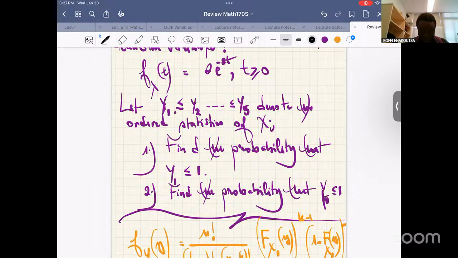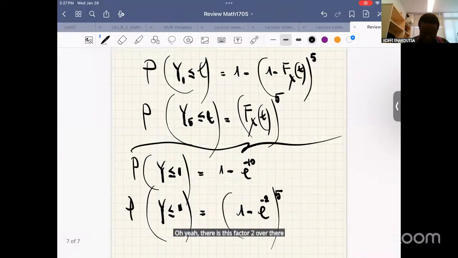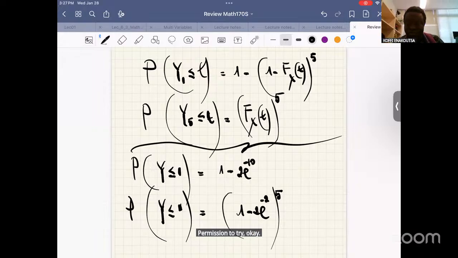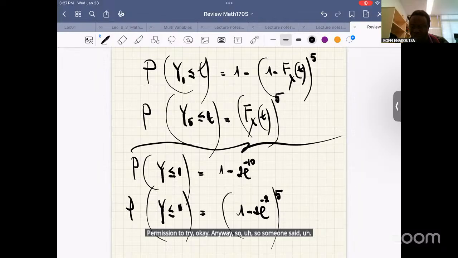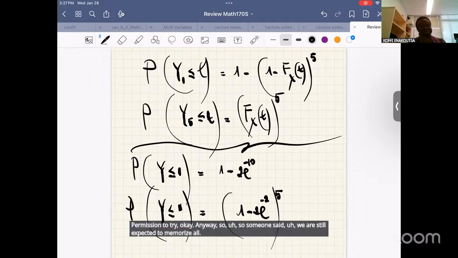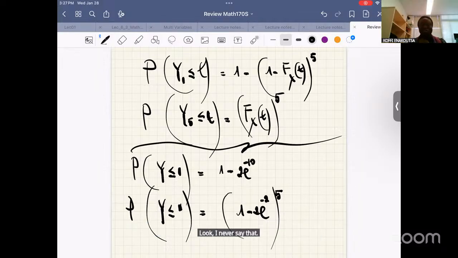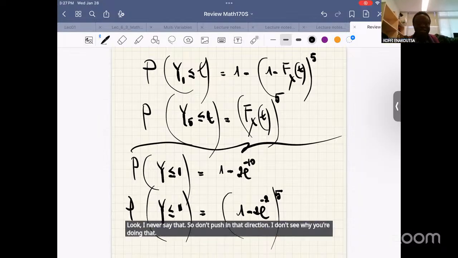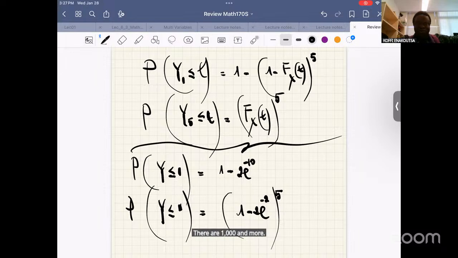Oh yeah, there is this factor 2 over there that I just forgot. But mention the 2 over here, okay? Anyway, someone said we are still expected to memorize all. Look, I never said that. So don't push in that direction. I don't see why you're doing that. There are 1,000 and more probability distribution functions, so we cannot memorize all of them.